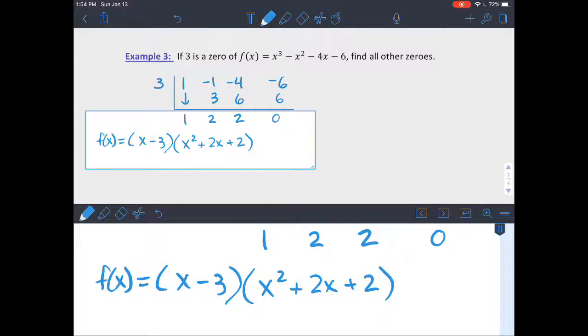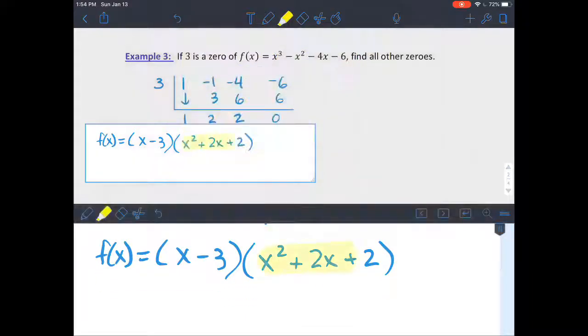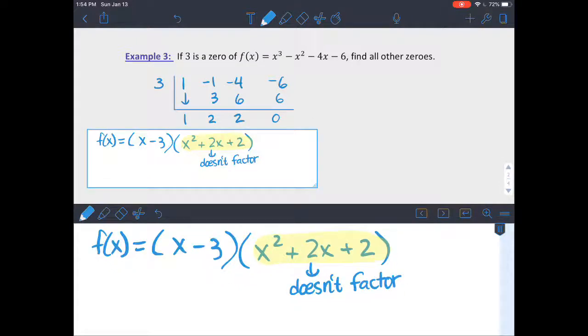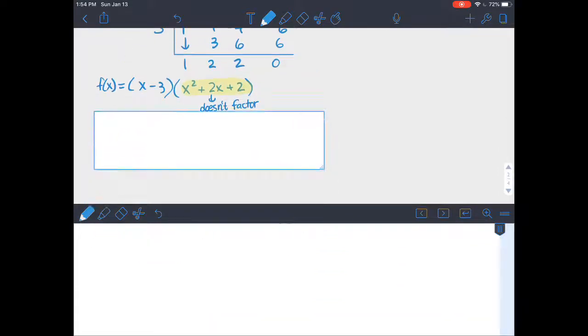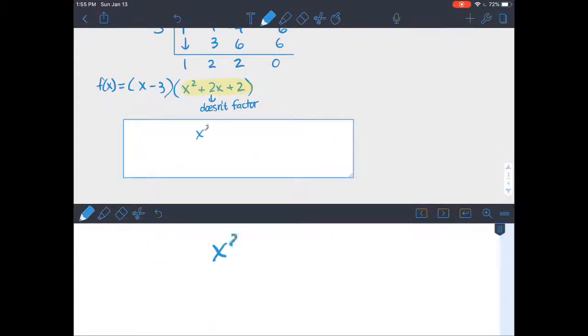Unlike the previous one, we don't get something that factors. So to figure out what makes it equal to 0, instead of just factoring and setting each factor equal to 0, we're going to have to use one of our other methods. So we could do quadratic formula, completing the square. You know what? I'm actually kind of feeling some completing the square. So I'm going to set that equal to 0 and solve for my zeros.